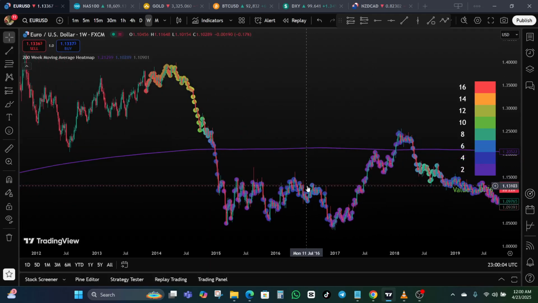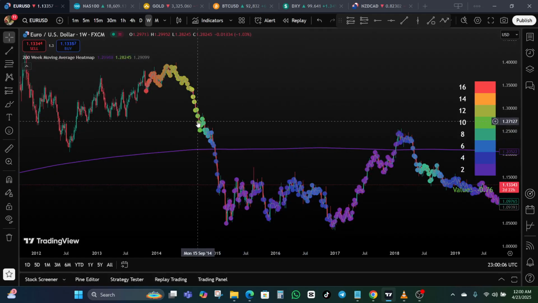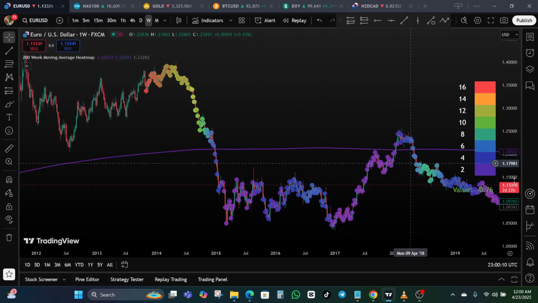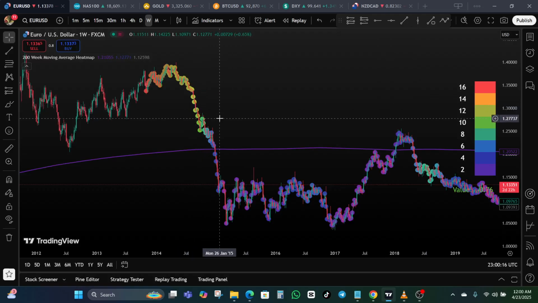So of course, when you pay attention to the price position with respect to this moving average, you should also be paying attention to the color code that appears on the candlesticks. All right, and then use candlestick patterns. Ensure that you use candlestick patterns for confirmation before you proceed to enter a buy trade or a sell trade. Make sure you get a candlestick confirmation to support that decision.